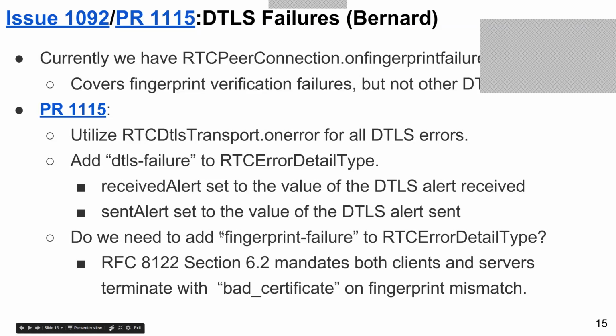Could you repeat that, Taylor? If the reasoning is that bad certificate is too vague and could have multiple causes, for a fingerprint error you know exactly what it is. I understand that argument. But Taylor, are you saying PR 1115 is okay, or are you proposing changes?